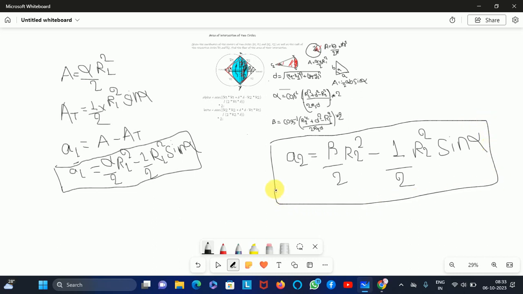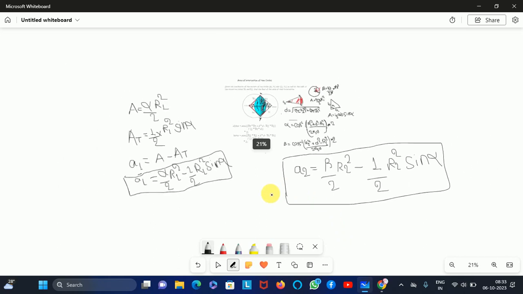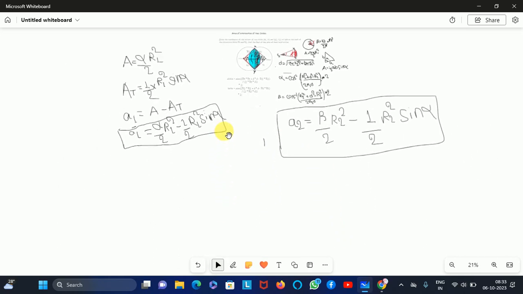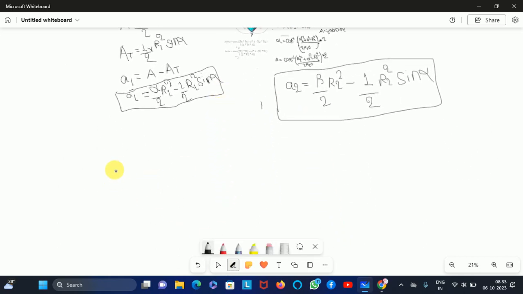And the final area of this common sector will be what? The common sector will be equal to the total, a1 plus a2.